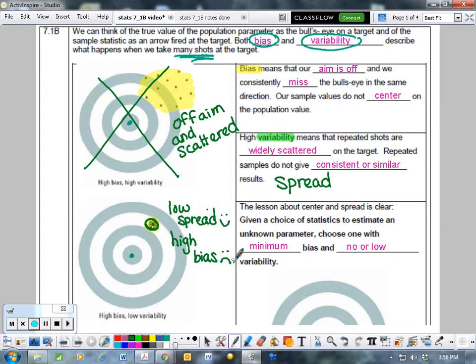What we really want is low or minimum bias and no or low variability. We want to minimize these as much as we possibly can. Again, this goes back to our Chapter 4 information on how to design a study. If we design our study correctly, we should be able to minimize this.